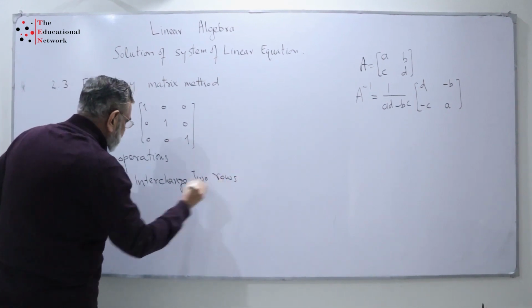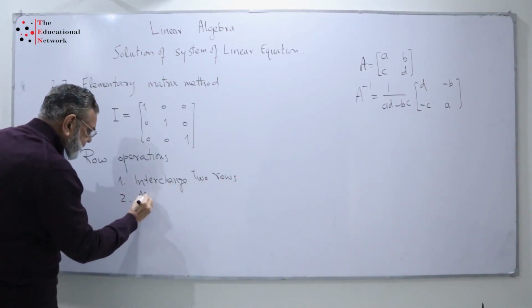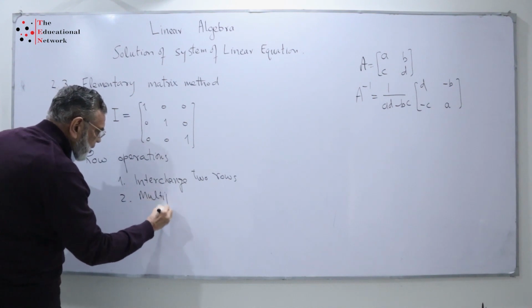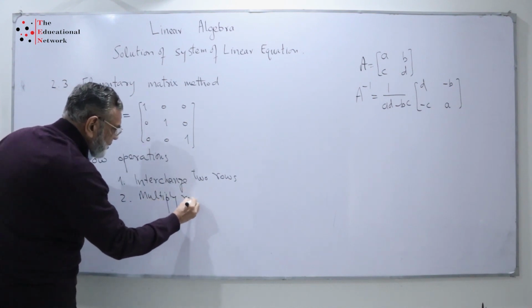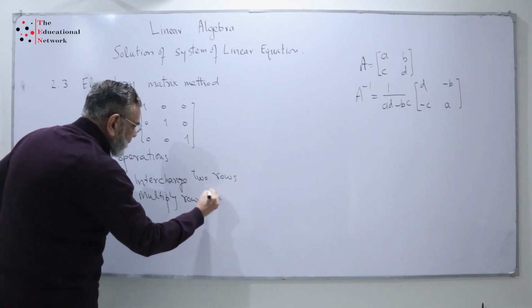Number 2, we can multiply a row with a non-zero real number.